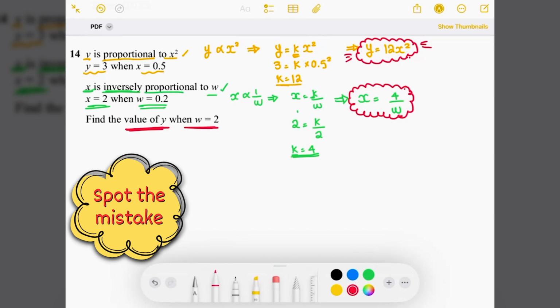So I'm just going to do that. x equals 4 divided by, instead of w, I'm going to put 2. So x equals 2. But what does the question want? They want the y. So now I'm going to look at this one. Let's write it over here. y equals 12 times 2 squared, 48. And that, my friends, is the answer.